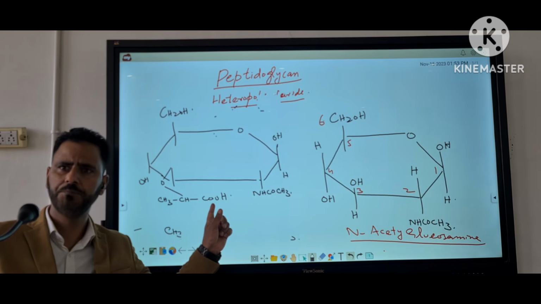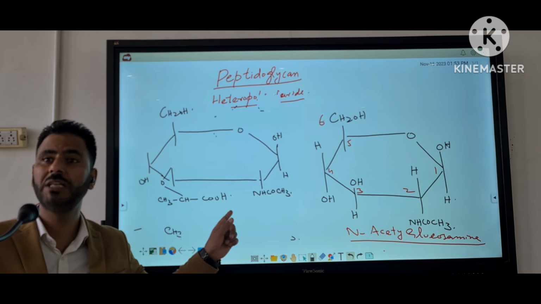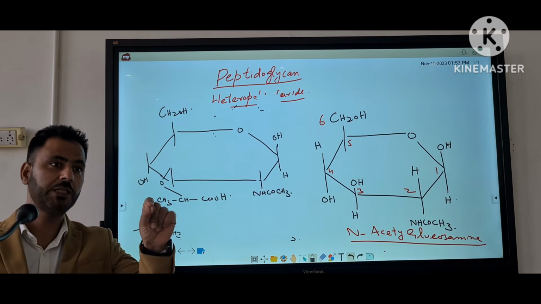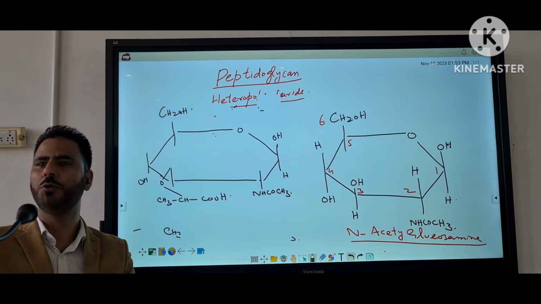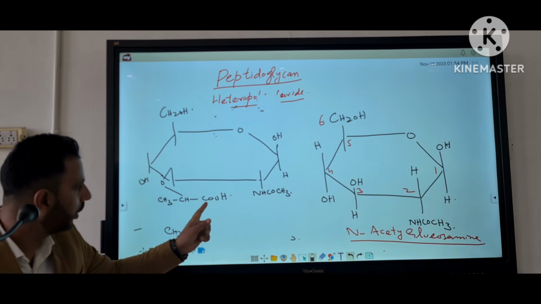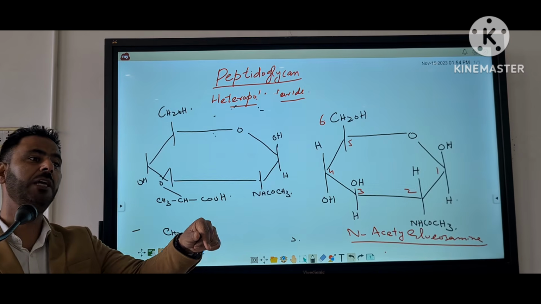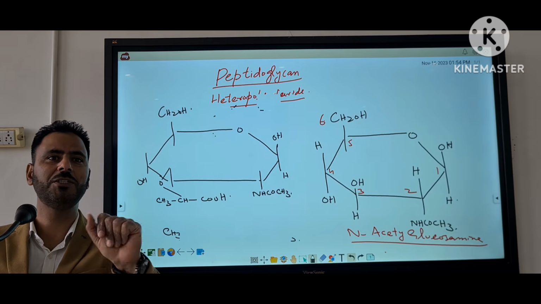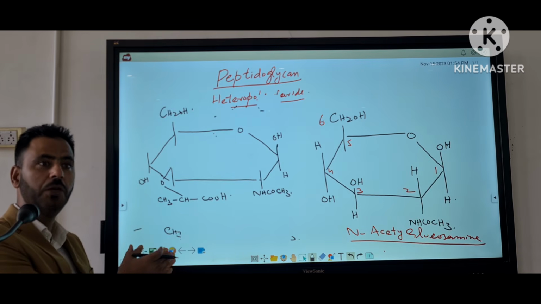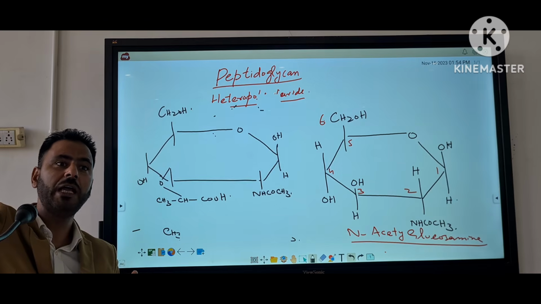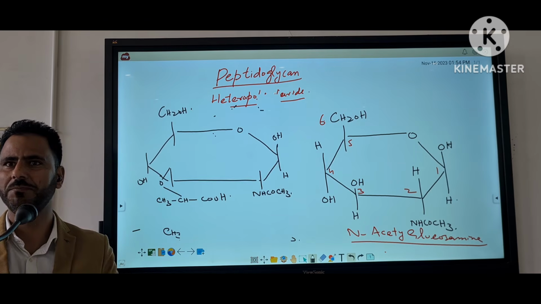What is this group? Carboxylic group. And what is present in the amino acid? You have an amino group and carboxylic group. Carboxylic group can bind with the amino group of the amino acid. I would say carboxylic group of this lactate will bind with the amine group of amino acid.